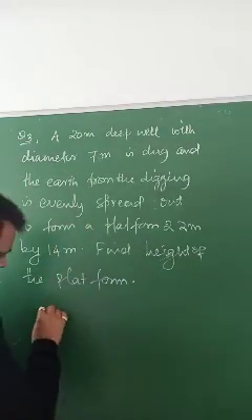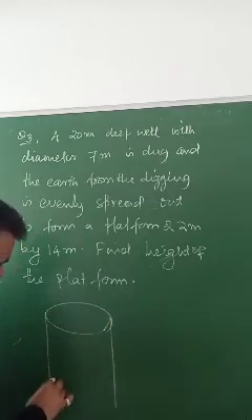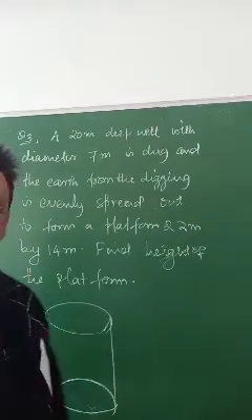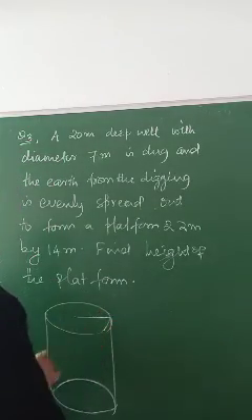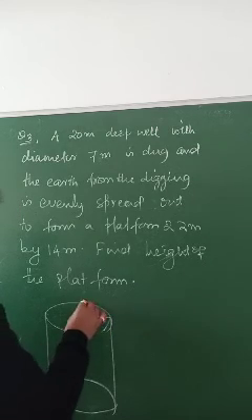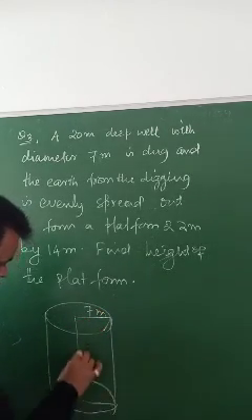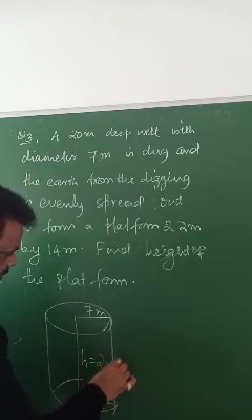See, the well is in the form of a cylinder. This radius is 7 meter. This height is 20 meter.